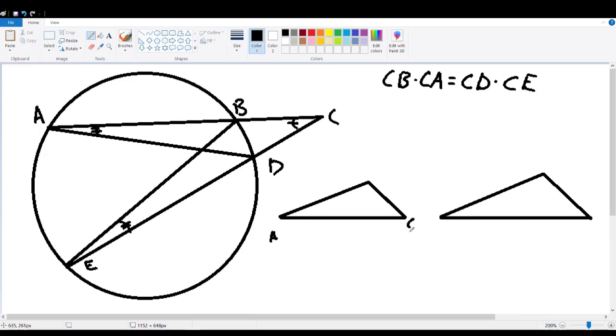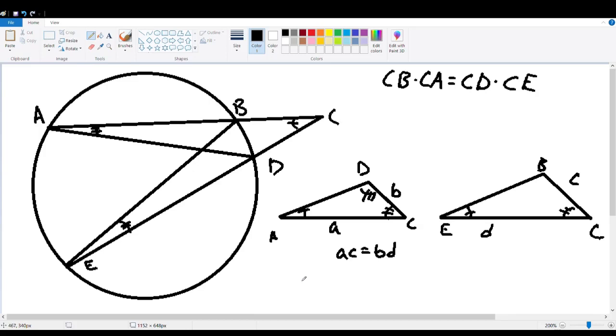And this will be A, C, D. This will be E, C, B. So when we have this, we can label AC as A, BC as C, DC as B, and EC as D. We'll know that AC equals BD.